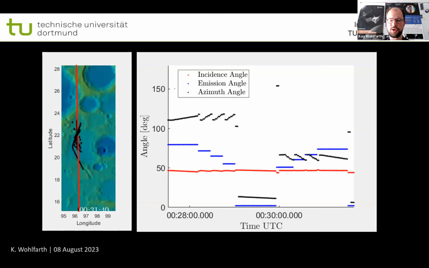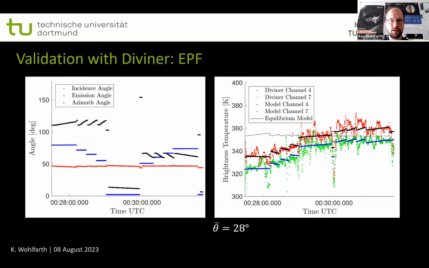This contains a lot of different orientations, and it was a great opportunity to validate the model for slightly higher wavelengths. So we have the maneuver of the Diviner instrument, and on the right, the red dots are the brightness temperatures at channel 4, around 8 micrometers, and the green dots are the brightness temperatures at channel number 7, which extends up to 25 micrometers.